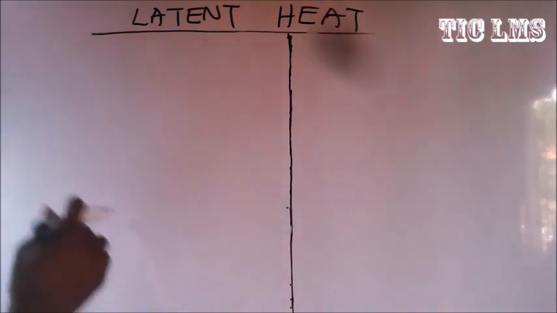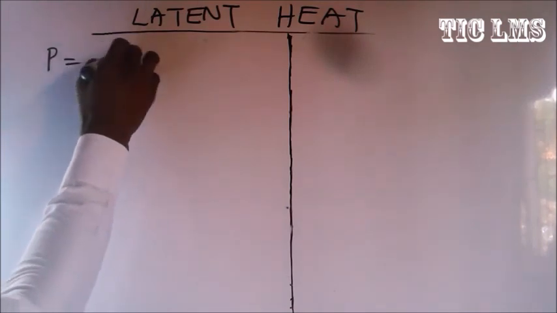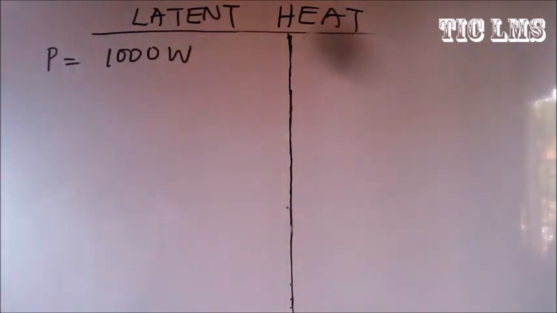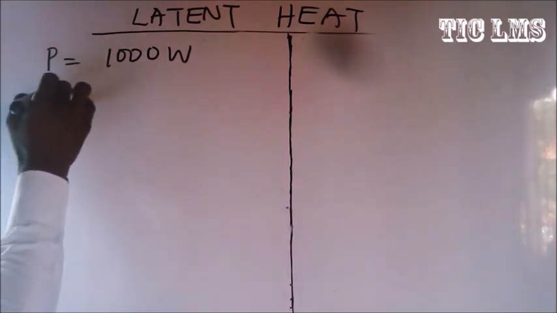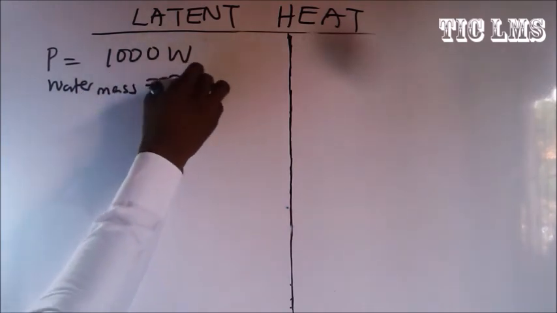We're told that a coil which is rated, that is the power is 1000 watts, is used to boil off completely a mass of water. So the mass of the water is 2 kilograms.